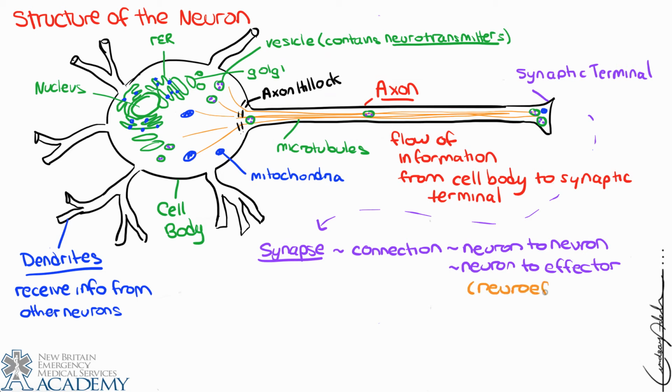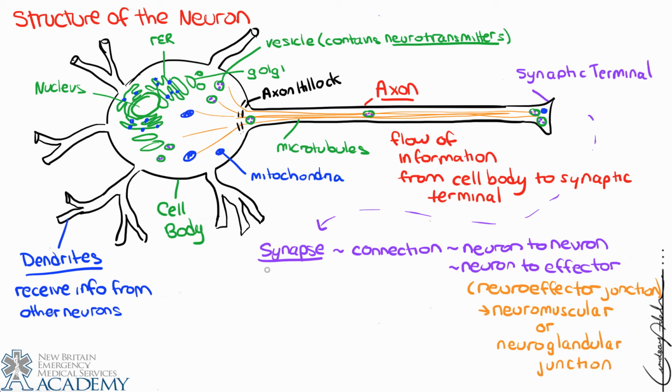If it was a muscle cell, we would call it the neuromuscular junction. If it was a gland, we would call it the neuroglandular junction. Remembering our scheme of homeostasis, we want to pay attention to the neurons delivering communication to peripheral effectors. That could be other neurons, but it also could be other types of cells.